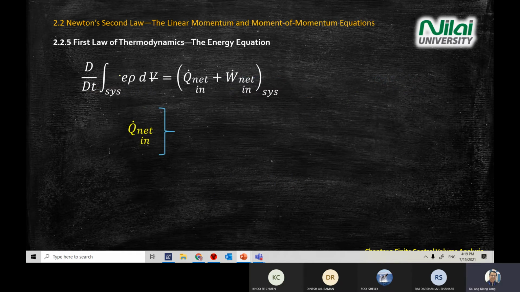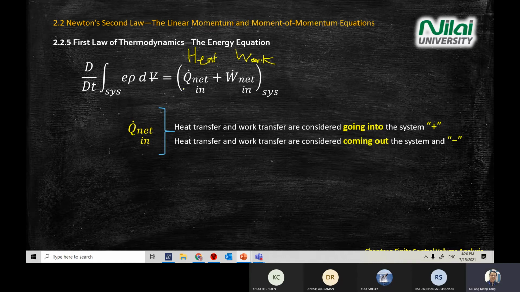So let's look at this equation where the total energy in the system equals your heat plus your work. Then look at Q net. Now, when you do analysis, this is the cheat sheet, or what we call the guidelines, when you do calculations later on.